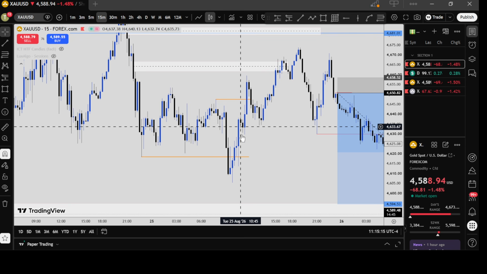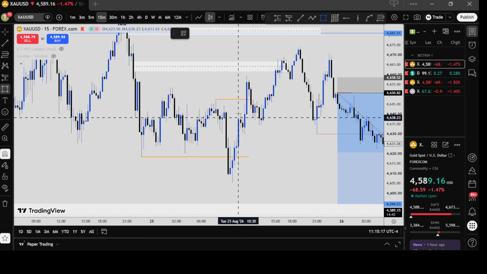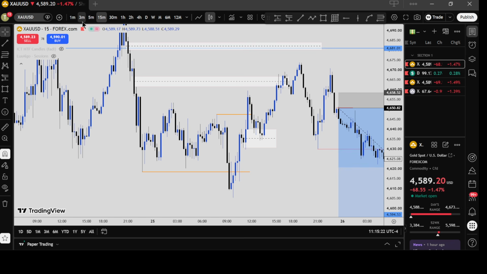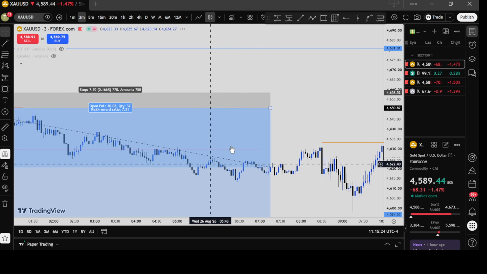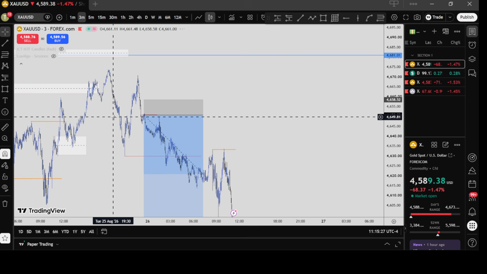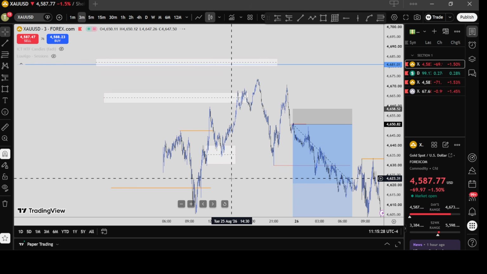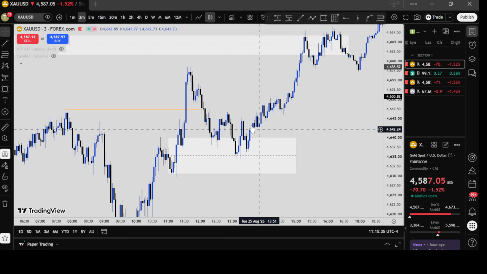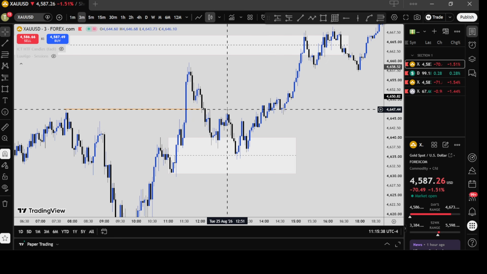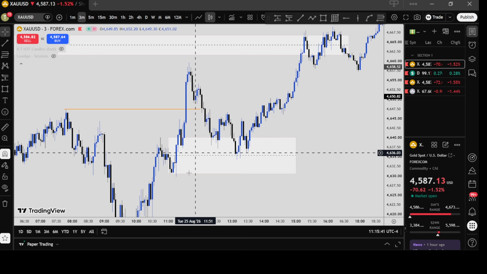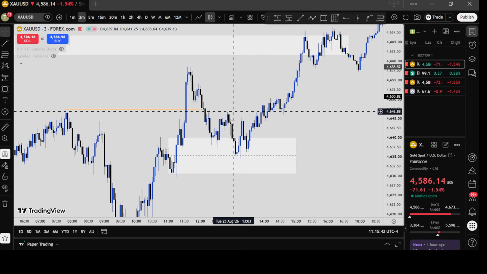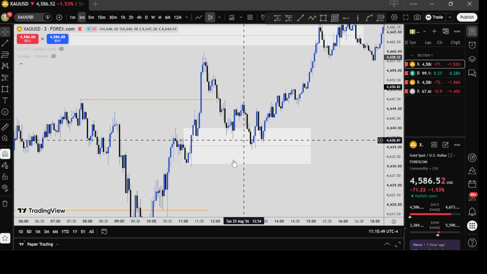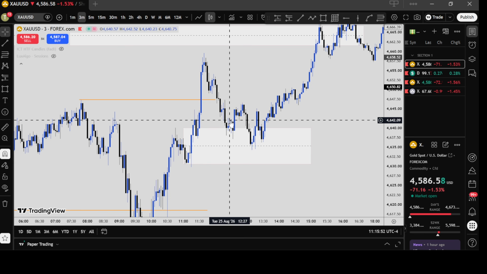So this order block here was where I was looking for a setup, and then on the 3 minute, I scaled down to the 3 minute time frame because that's the time frame I usually look for an entry after I get a 15-minute confirmation if the market wants to be bullish or bearish. So we had this sweep here in that order block, and then the market structure shift here.